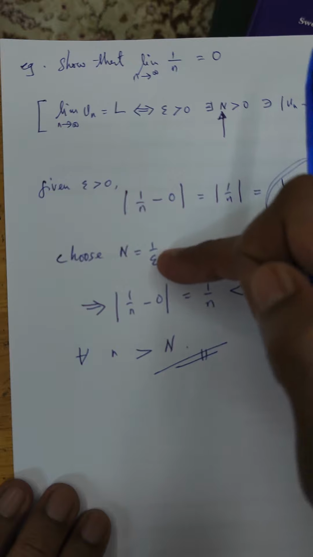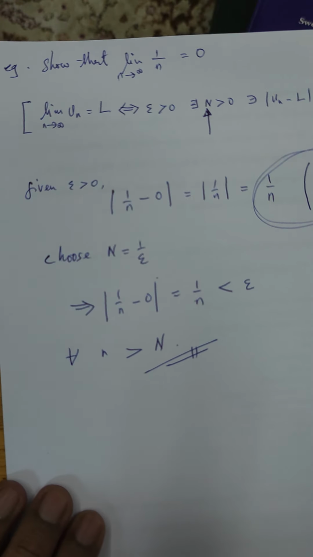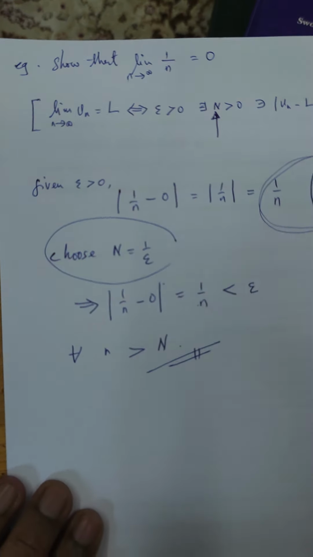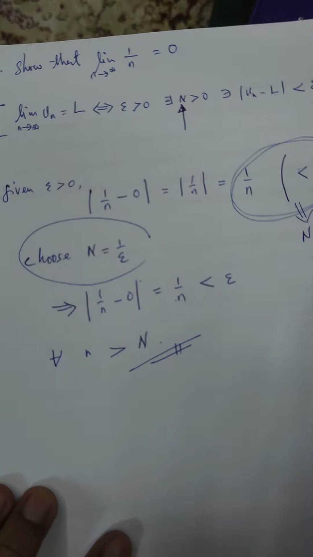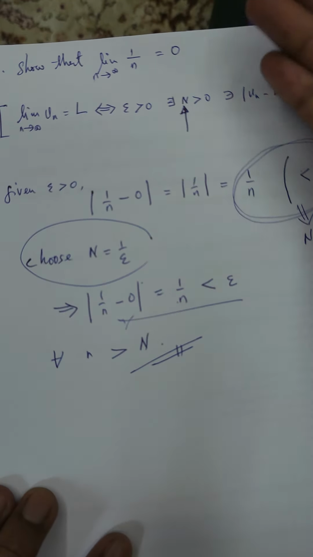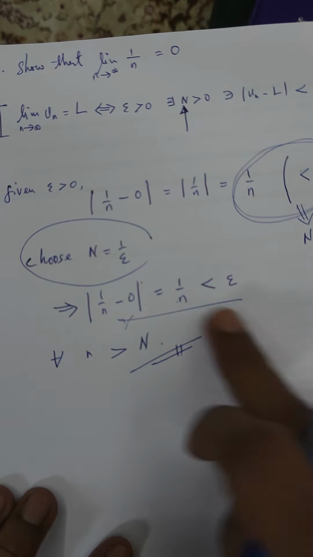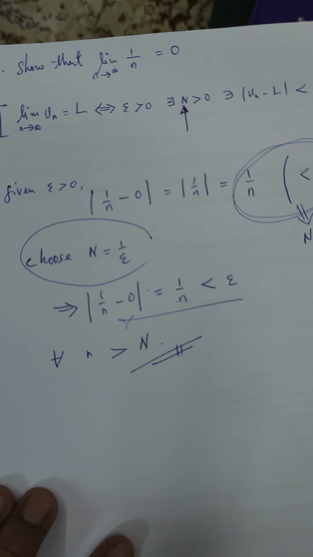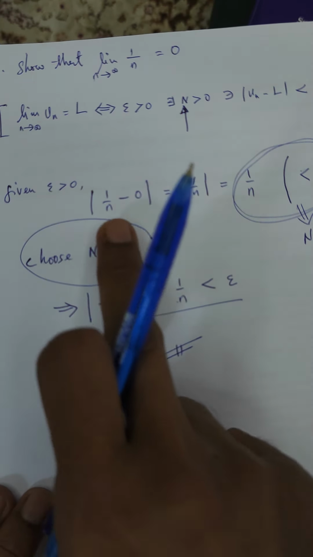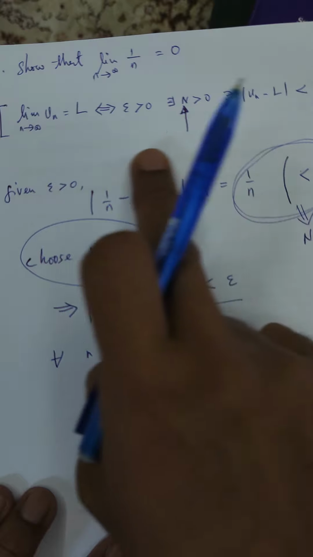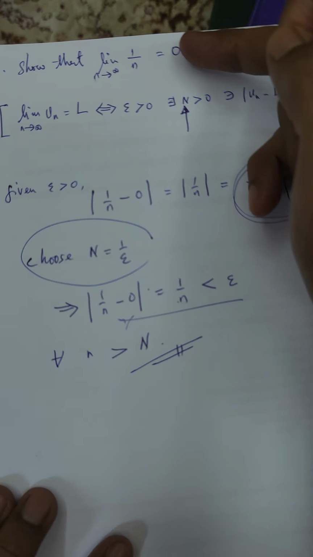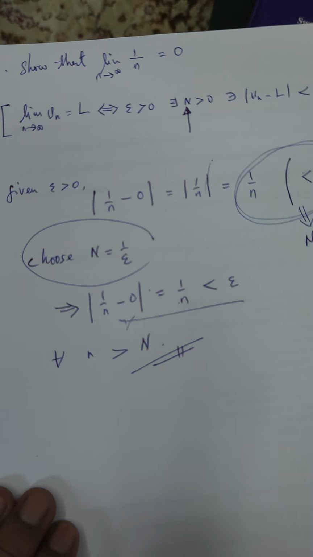Just three steps. The important part is how to choose N. This part you just copy from the definition, but the choice of N here is very important, and how to get this N is how you simplify from that. The example here is quite simple, so it's not a big deal to choose those things.